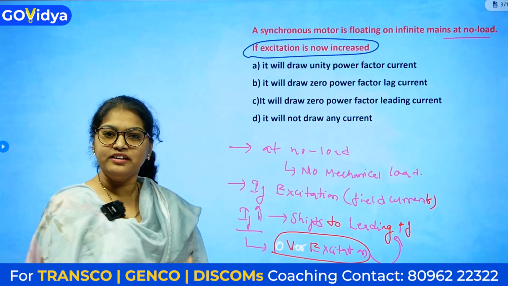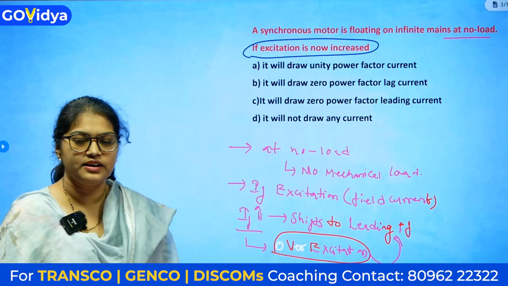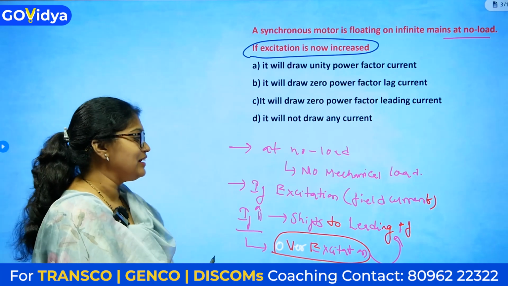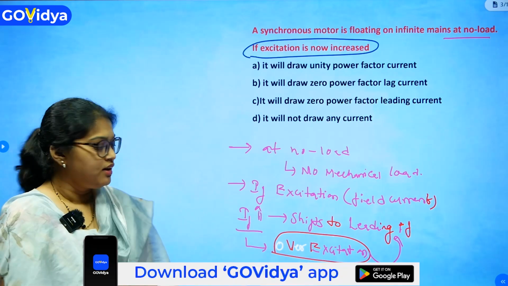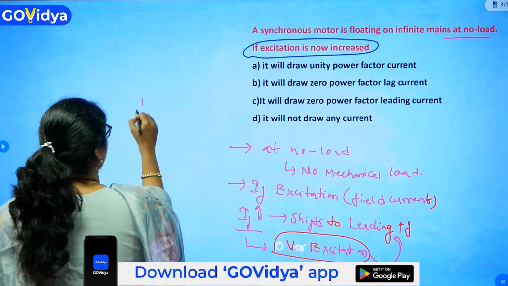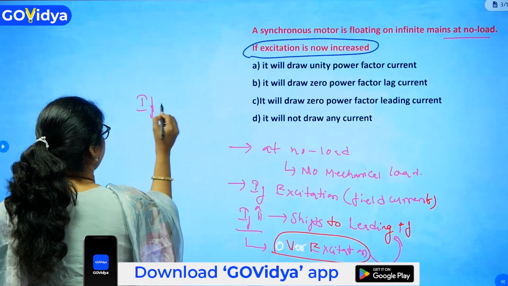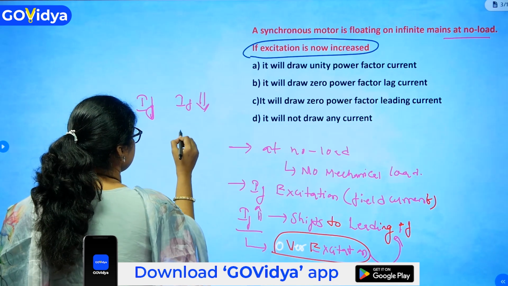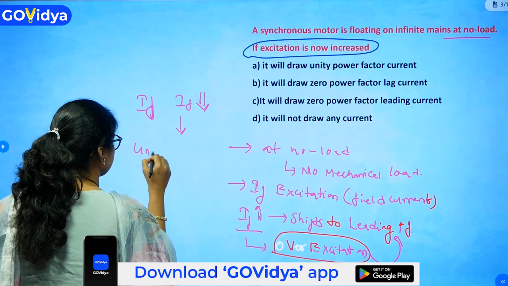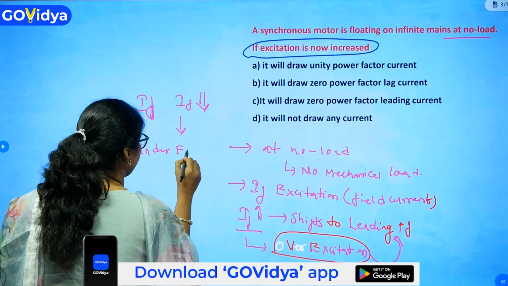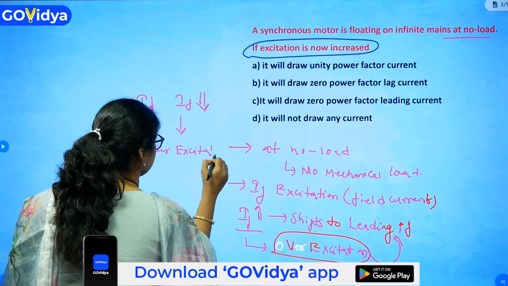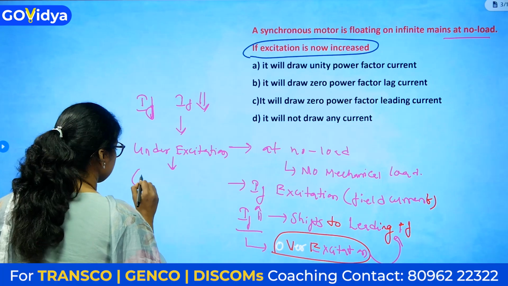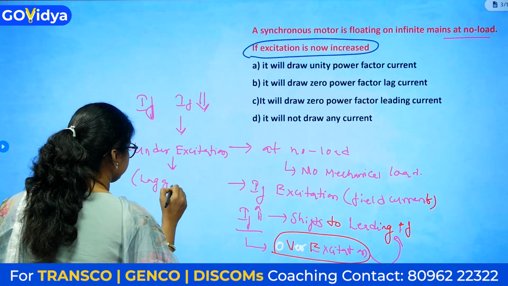If the excitation decreases, it will work under under-excited condition. In the under-excited condition, it will act under lagging power factor. If IF decreases, under excitation, this is lagging power factor.